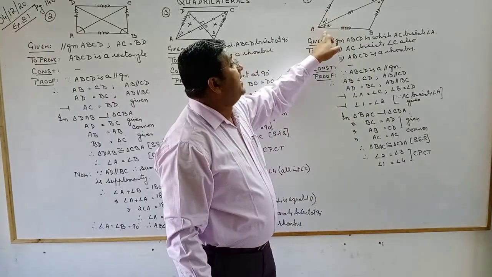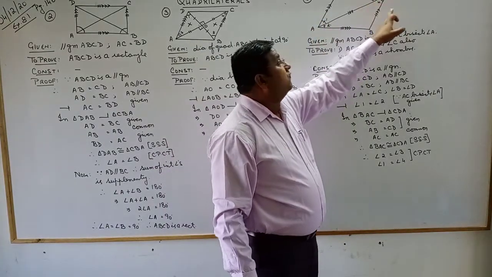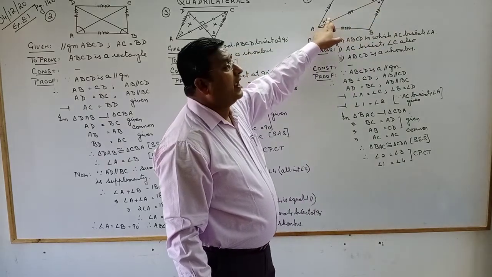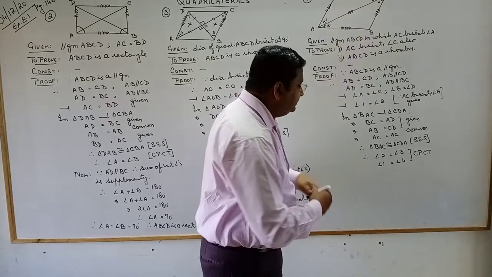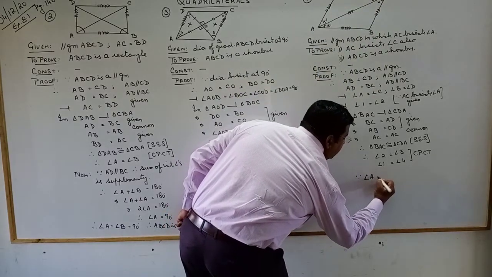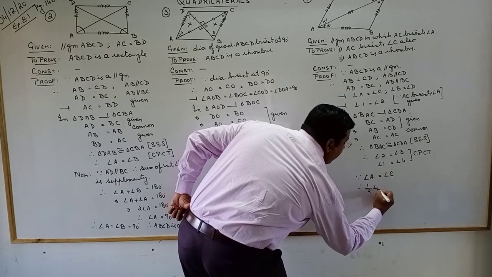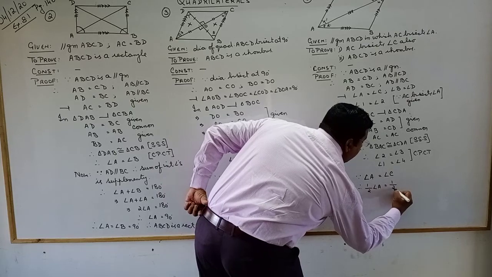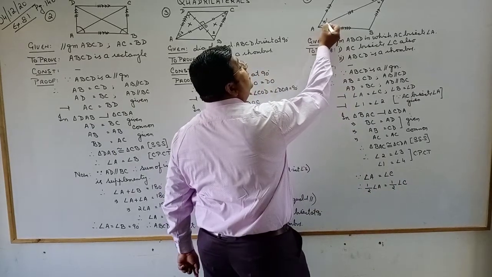If this complete angle is equal, will the halves also be equal? What is half of angle A? Angle 1. Half of angle C? Angle 4. 1 is equal to what? 4. Because angle A is equal to angle C, therefore half of angle A is equal to half of angle C. And what is half of angle A? 1 and 2.